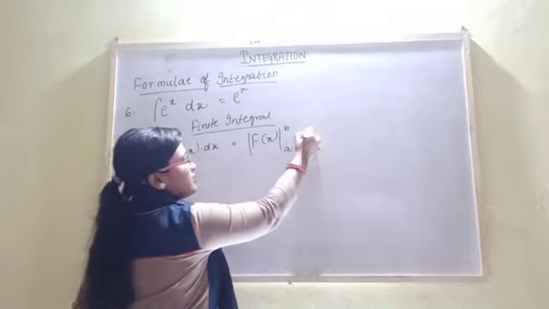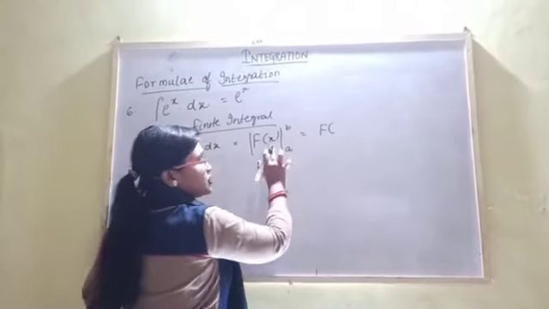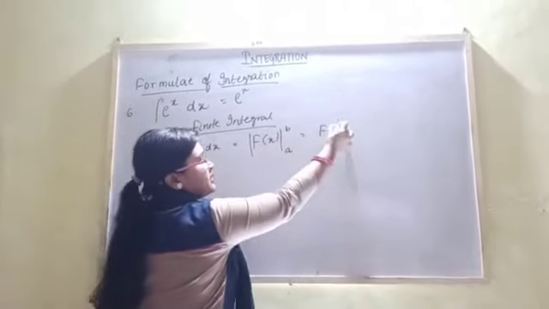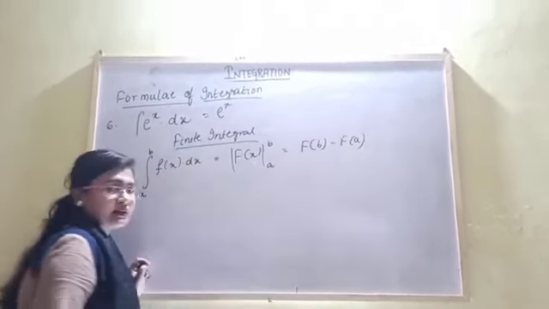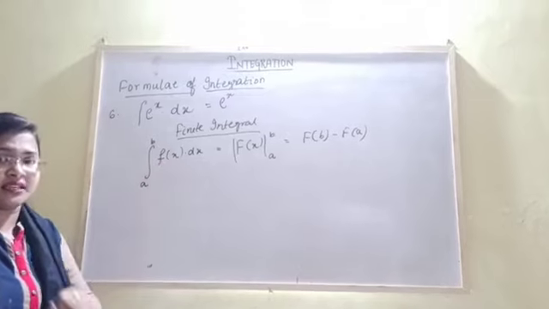So what you have to do is substitute the value of x as the limit, upper limit minus lower limit. Clear? This can be well explained with an example.